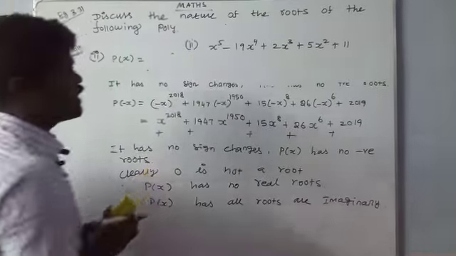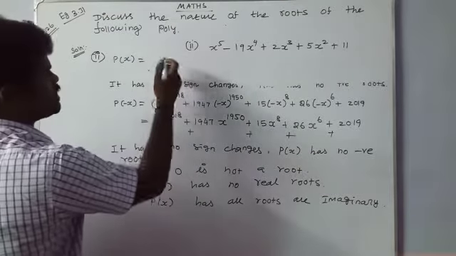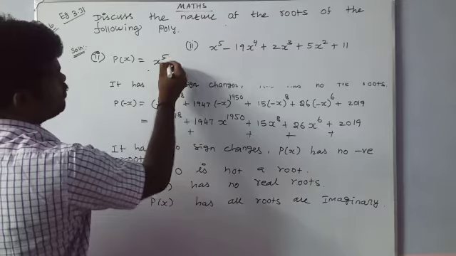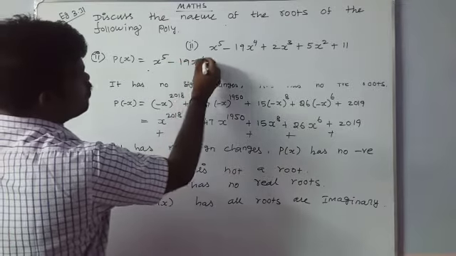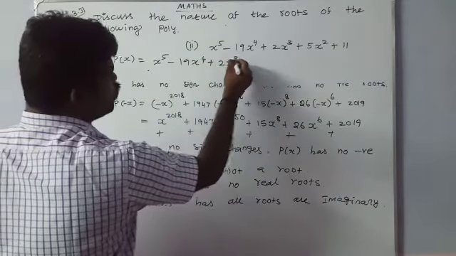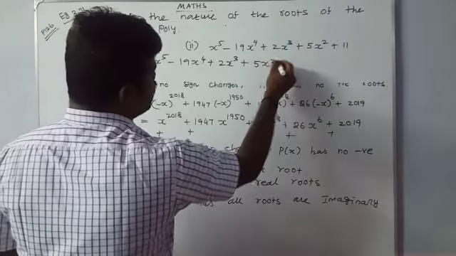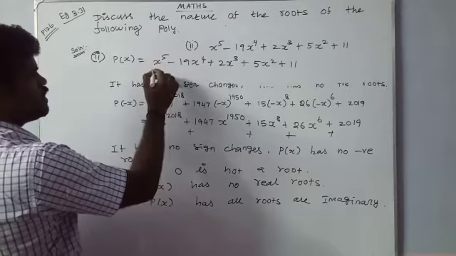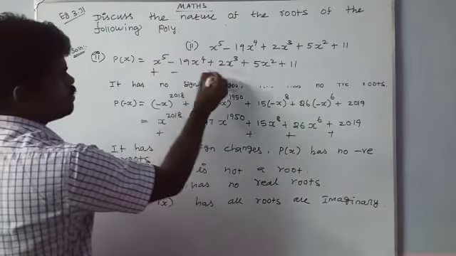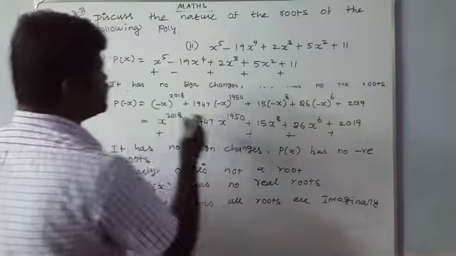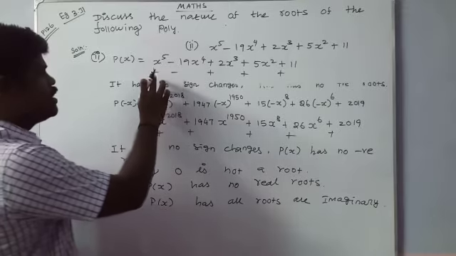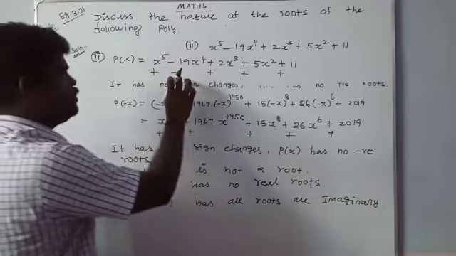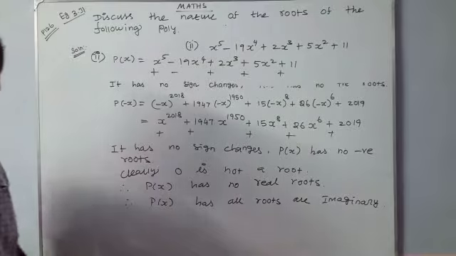Let us take the second Roman letter, p of x equals x power 5 minus 19x power 4 plus 2x cube plus 5x squared plus 11. Here, what are the sign changes? First term plus, minus, plus, plus, plus. There are two sign changes here, from plus to minus and minus to plus.